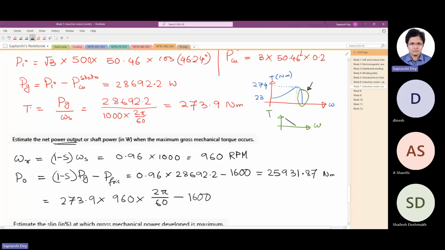Sorry, this was the gross. So this much is the developed power minus the friction. This I did not do. Sorry. 1600 is the friction loss.